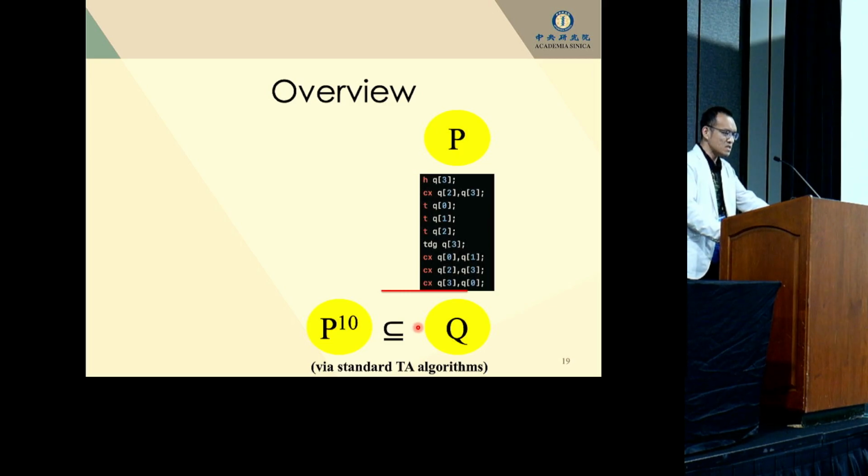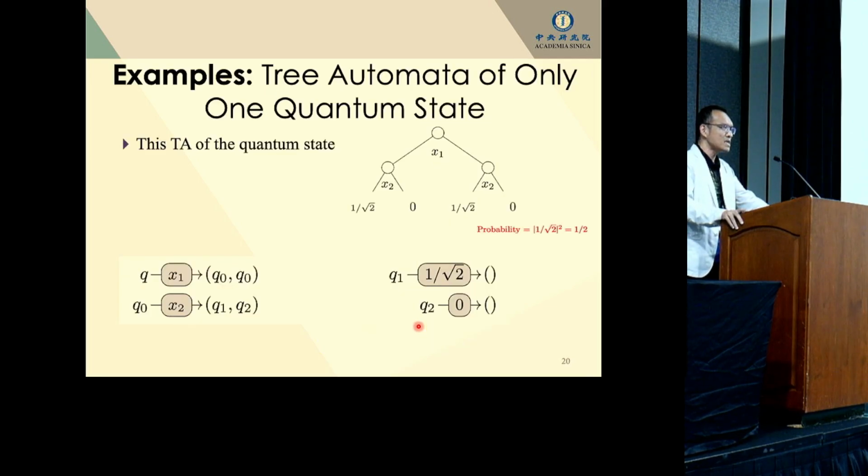The next thing is that I want to show you why this is a good approach, give you some hint. In order to do so, I need to show you how we use tree automata to encode a set of states. So this is an example of a singleton set, just one tree. This tree has the same left and right tree. So 0, 0 has 50%, and 1, 0 has also 50%. They have the same left and right subtree. So I use this tree automata.